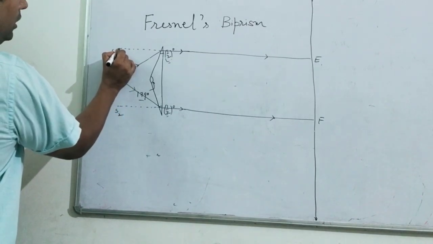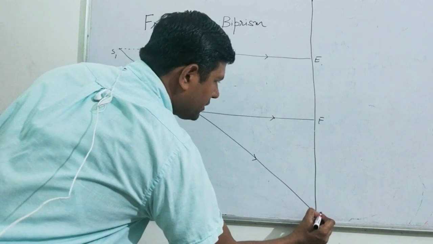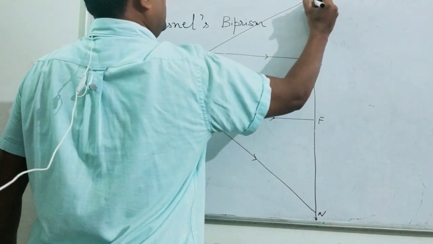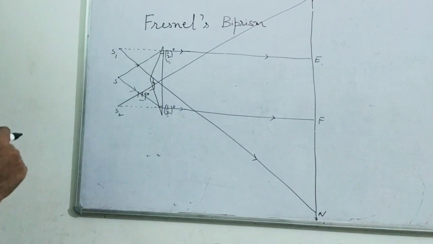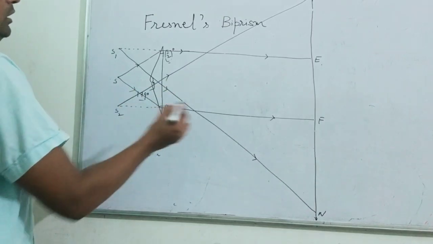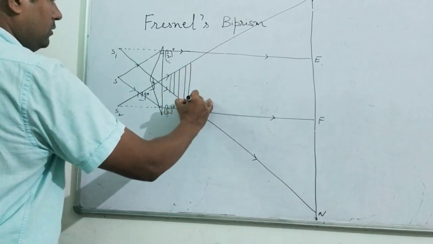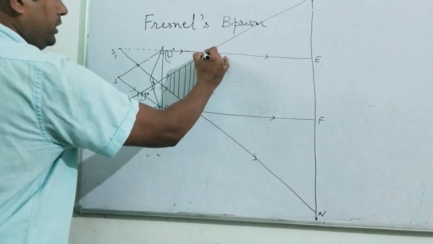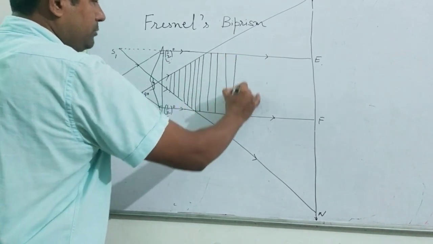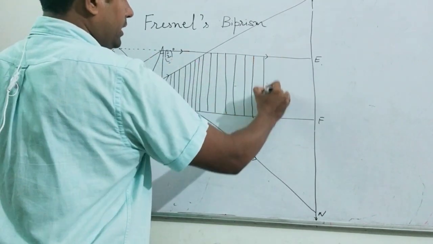Now from S1, draw the ray, and this ray will strike the screen at point N, and from S2 the ray will strike the screen at point M. In this portion between E and F, we will have interference fringes, because this portion will consist of the waves from both of the sources S1 and S2.